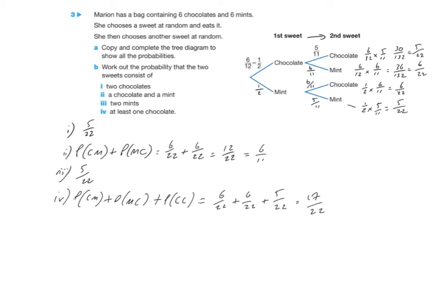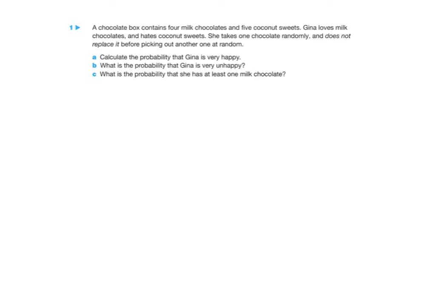Now, the other one I've got is, I think I've got one more. That was page, oh no. Sorry, my bad. This is page 256. This one was also dependent. Really quick. Yep.